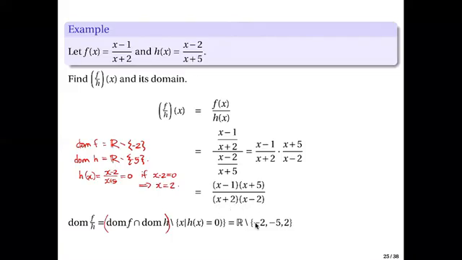So you will see immediately that you need to remove -2 and +2. But if you only look at this, you might not be able to see that your x cannot be -5 also. Because originally, x plus 5 is a denominator. It's a denominator of h. Okay?